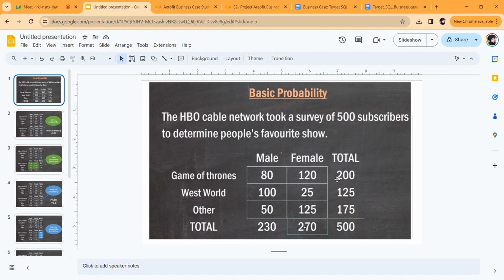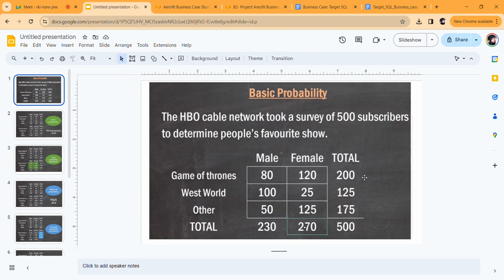How many total people are interested in Game of Thrones? 120 plus 80 is 200. In Westworld, 125 people are interested, and for others, 175 people are interested. This is the marginal sum for these particular shows.